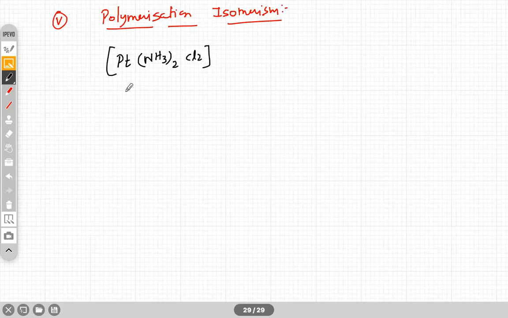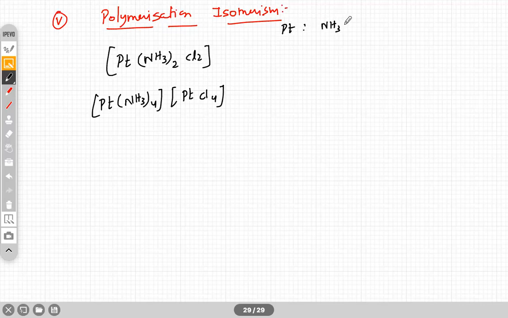[Pt(NH3)2Cl2], and you see this one, [Pt(NH3)4] complex part, and [PtCl4] complex part. If you see the ratio of platinum, NH3 and Cl in the two compounds, it is 1:2:2, and here it is 2:4:4, which eventually comes out to be 1:2:2.